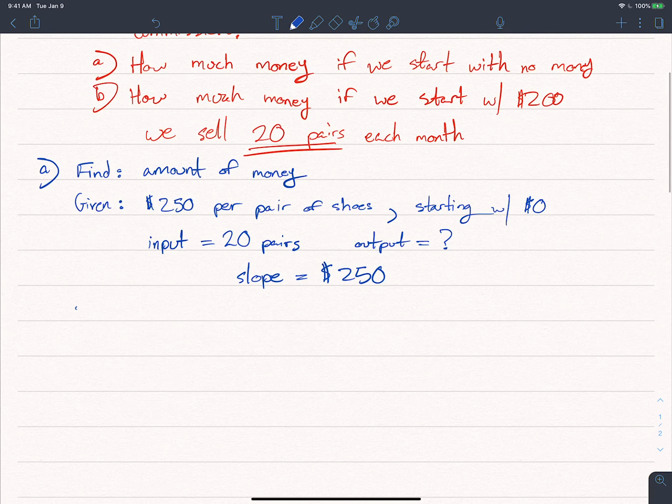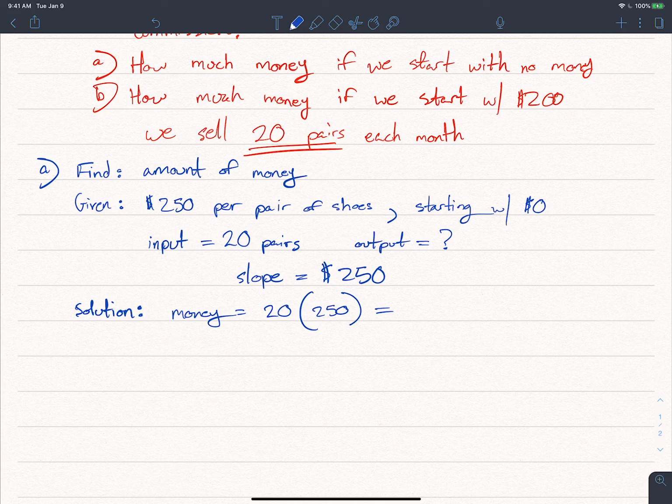So we do our solution, and you probably already figured it out. The amount of money we make is going to equal the 20 pairs of shoes that we sold times the $250 we get in commission.